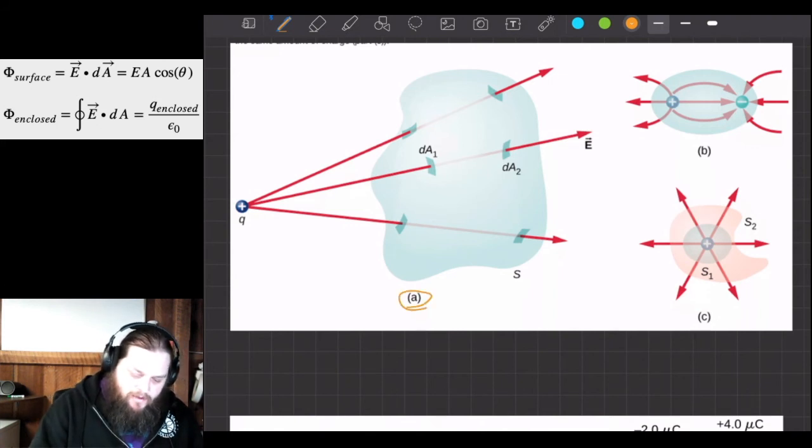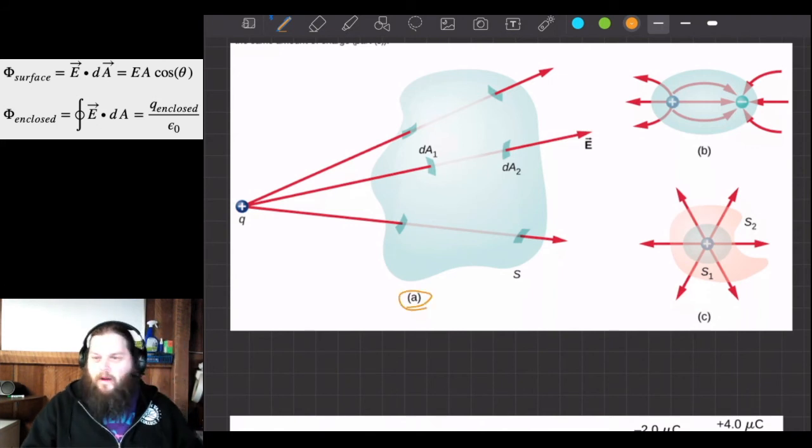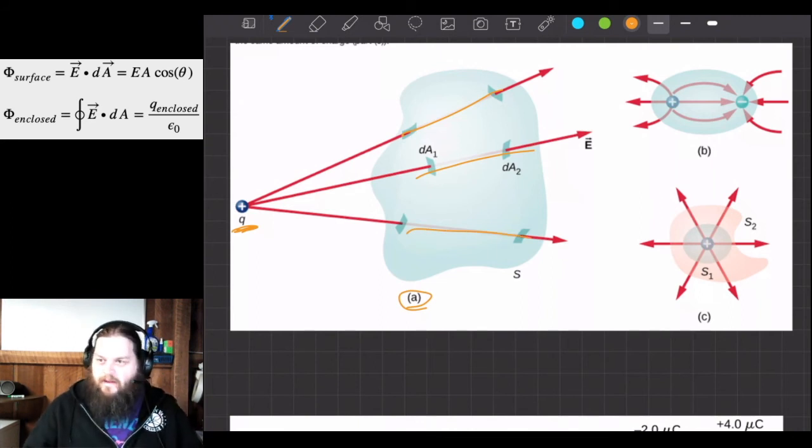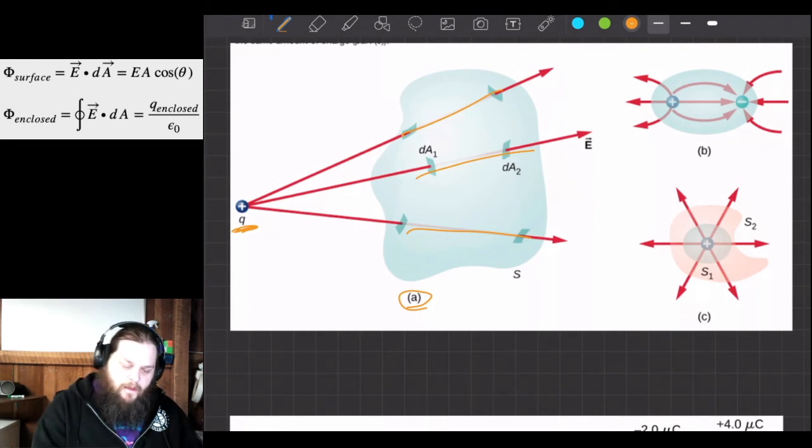In this first one, A, we have a positive charge sitting over here on the side, and you can see it's radiating its electric field through the surface. It's going through the surface at at least 3 different points, probably various points in between as well. It's going to enter the surface here, and it's going to leave the surface here.